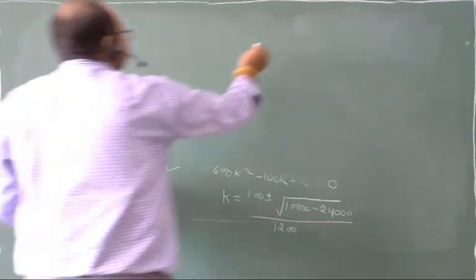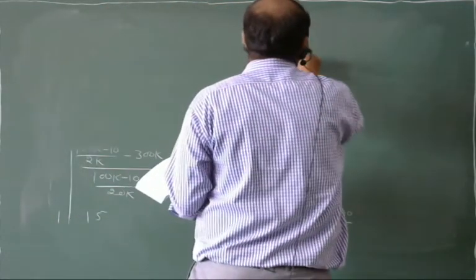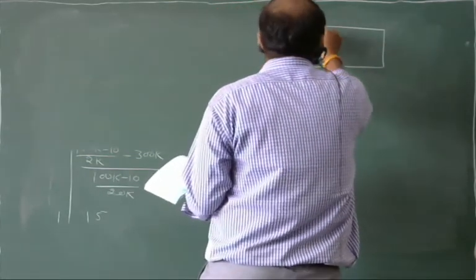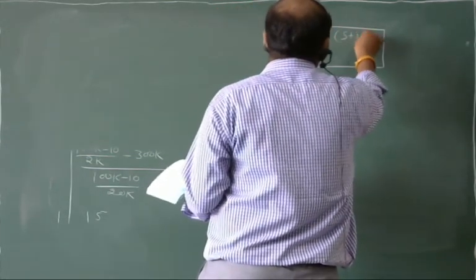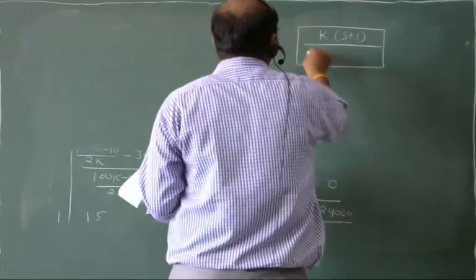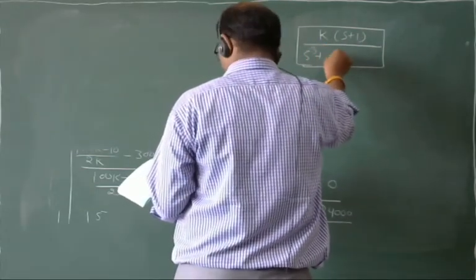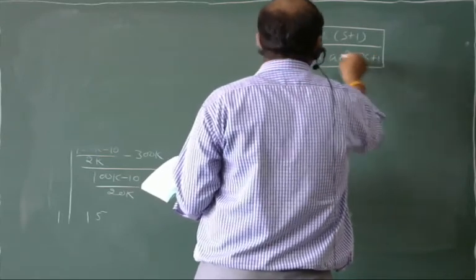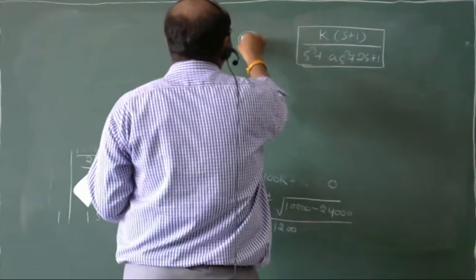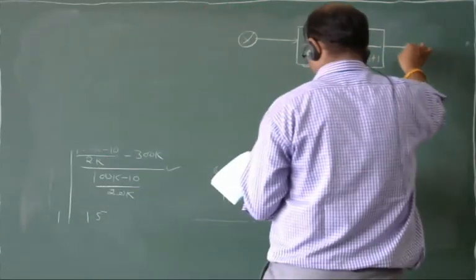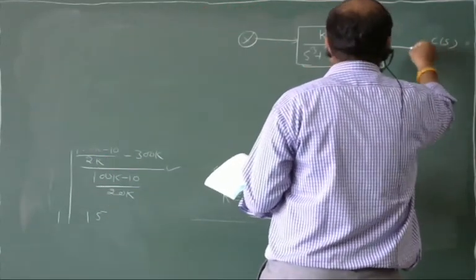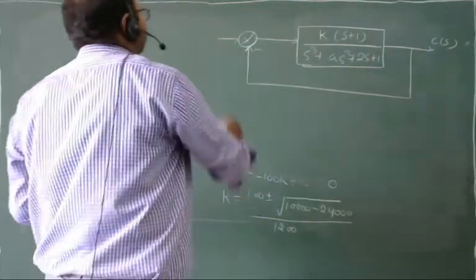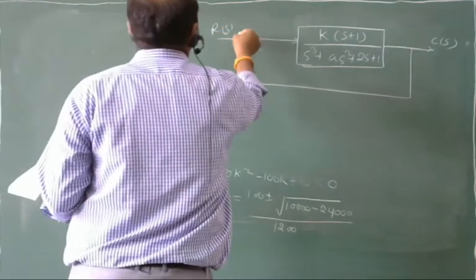The question is, we have a block diagram with the transfer function k(s plus 1) divided by s cube plus a s square plus 2s plus 1. This is a block diagram, right?